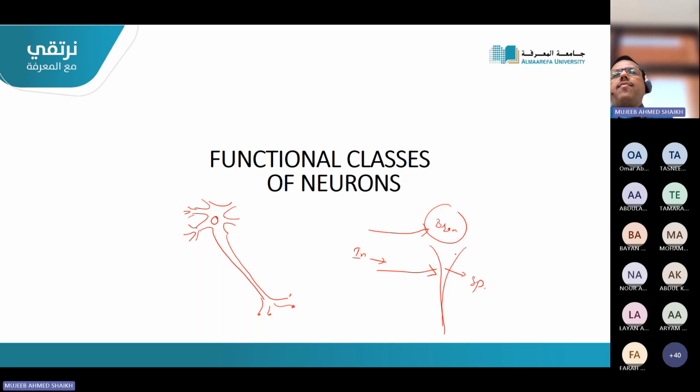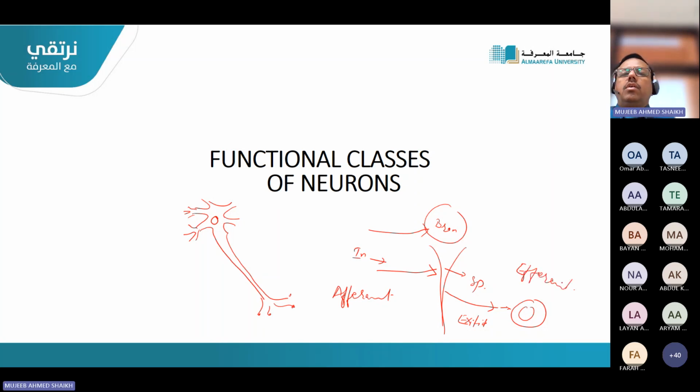These are called afferent neurons. Some neurons are specialized for taking the information out to the organ. They are exiting the information, or taking the information to the organ. They are called efferent neurons.